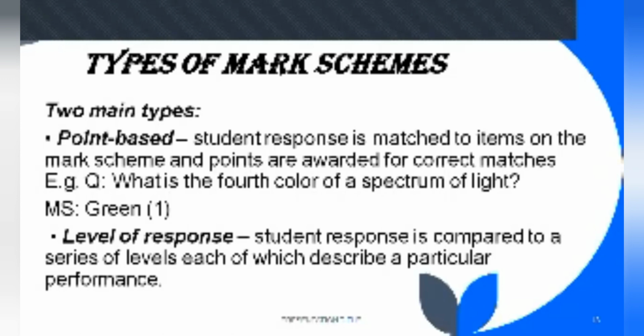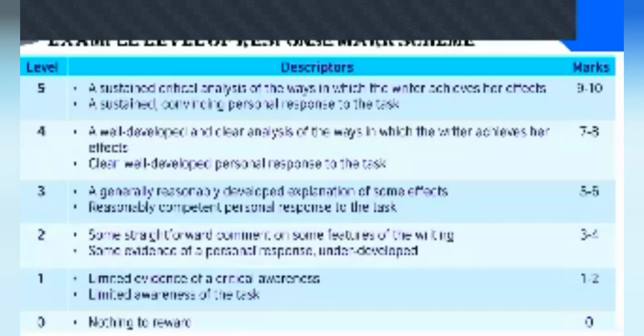Now, level of response: student response is compared to a series of levels, each of which describes a particular performance. So we will see what kind of levels of response we have and what mark scheme can be given. We will go from a higher to a lower order.